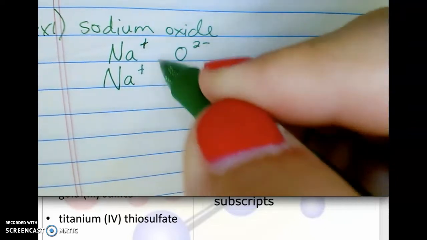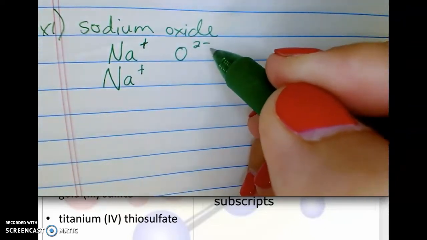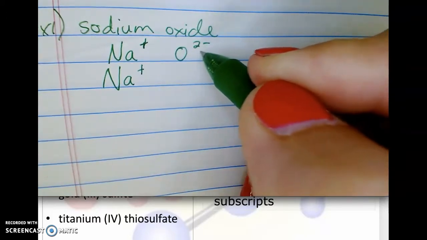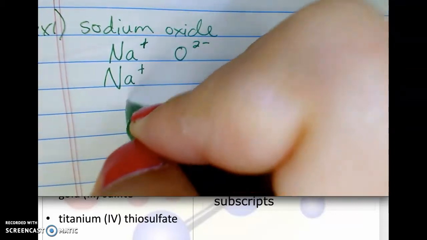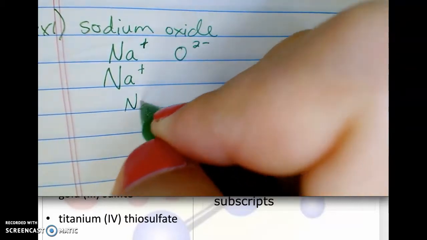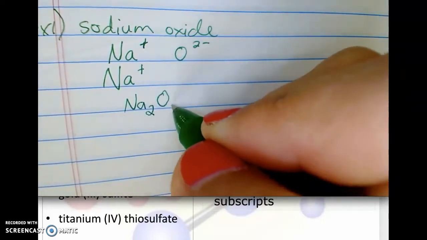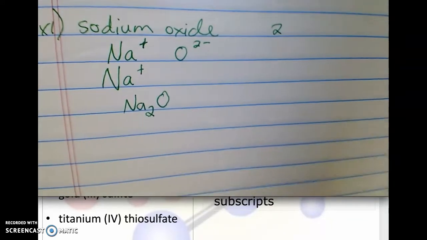So 1 plus 1 positive charge is 2. Good. Okay, now we have a balanced compound. So how many sodiums did we have? 2 sodiums and 1 oxygen, but we don't write the 1.